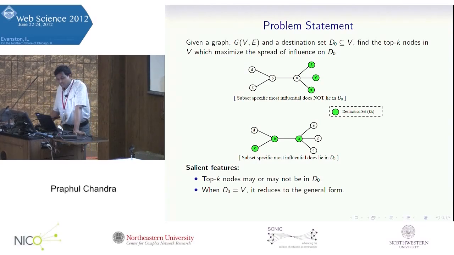For example, in the first figure, based on the destination set highlighted in green here, the node A could be the most influential, whereas in the second figure, your influential actually lies in the destination set, which is node B. Also, when you choose the entire set of nodes in the graph as the destination set, your problem reduces to the standard form. Hence, our approach can also be used for the standard problem of influential detection.